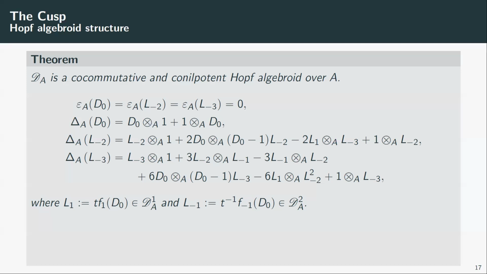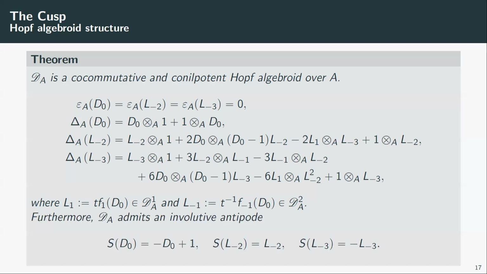And for L-3 also, we had to introduce operators of order 4, this one, D0 minus 1 times L-3, and L-2 squared, before we were able to describe it. And for this Hopf algebroid, we also have an involutive antipode.